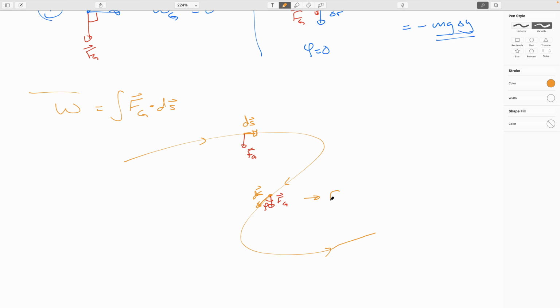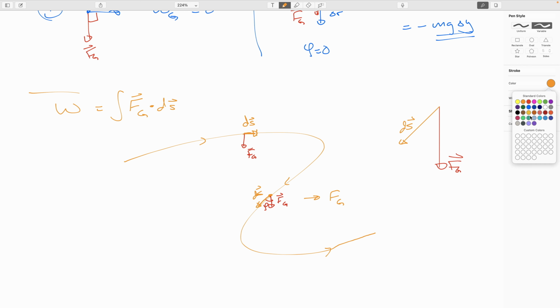And remember, one way that we can interpret the dot product is to say that it's going to be equal to one of the vectors times the component of the other vector that's parallel to it. So here let me just draw this in jumbo vision so we're really clear what I'm trying to do. There's my FG right there. Here is my ds right here.